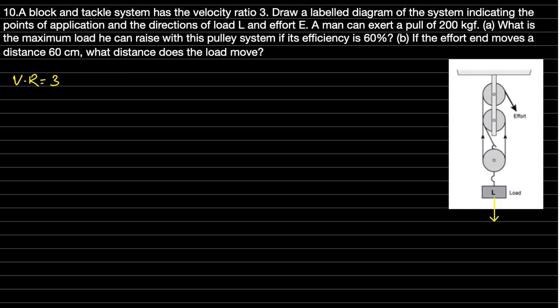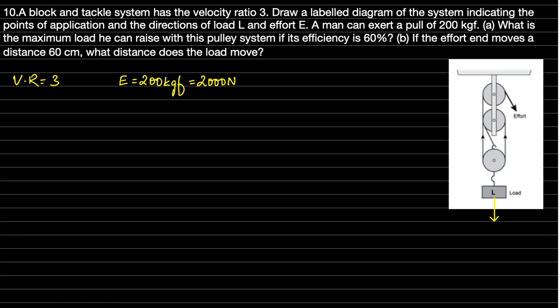Now, a man can exert a pull of 200 kgf. That means exert a pull means it's the effort that is given in the question, that is 200 kgf. If I convert that to newtons, we multiply by 10, that happens to be 2000 newtons.